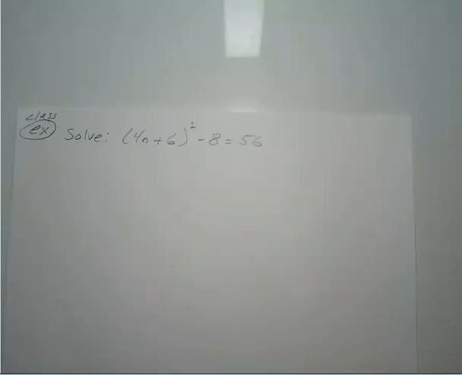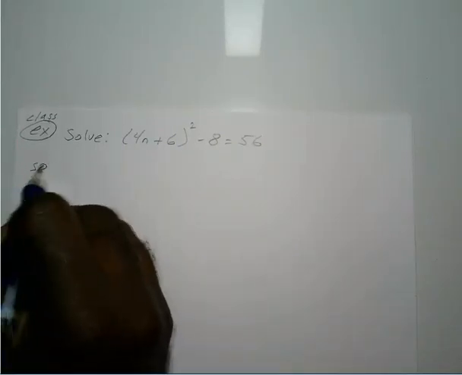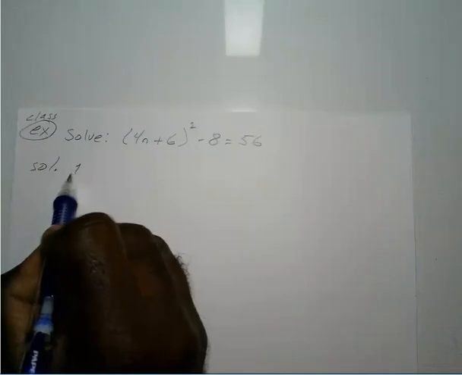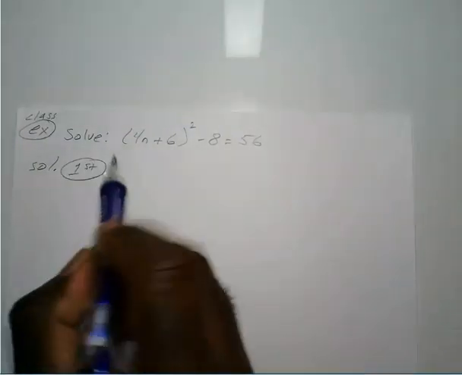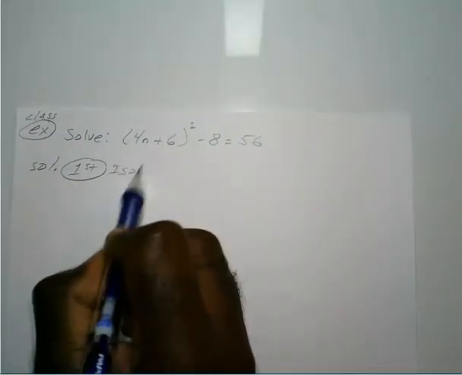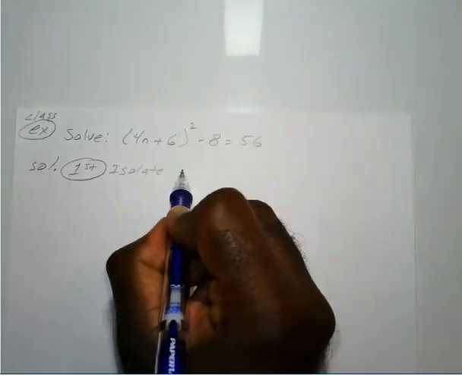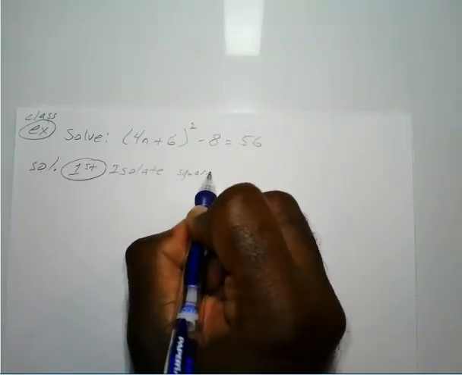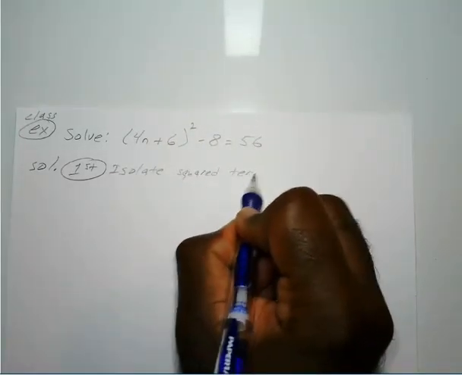Okay, so assuming you've pressed pause and you have worked this one out, let's go ahead and verify your answers. Okay, so just like before, first thing you want to do is isolate your squared term.